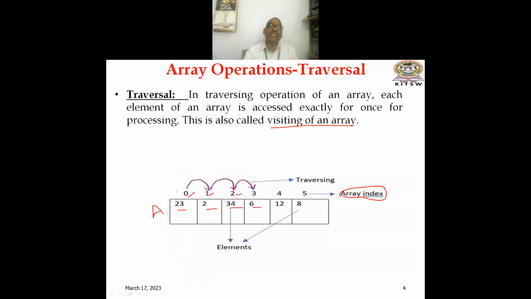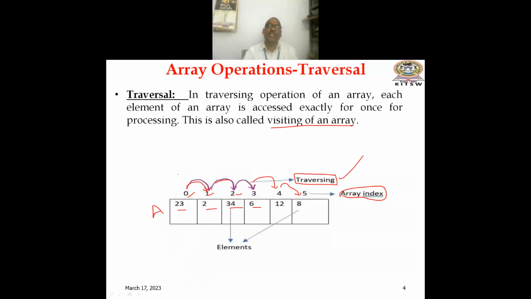So we visit the element at A[0], then we go to A[1], then A[2], then we access A[3], then A[4], and then we access A[5]. Like this, we are accessing or visiting the array elements exactly once. That is what we call traversal, array traversal.